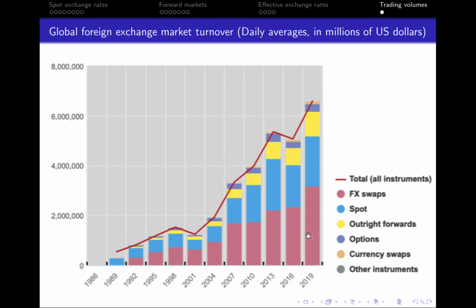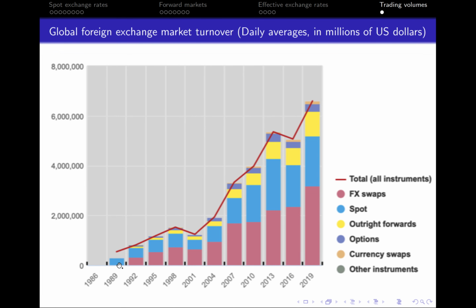This is not for the entire year. This is for one day. This is the average turnover in foreign exchange market in just one day. And look, this is only concerning actual trade in currency and plain vanilla instruments. It's not counting derivatives. So as you see, the importance of this market cannot be overstated.